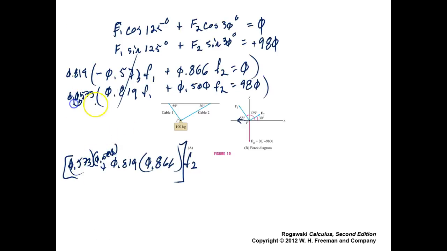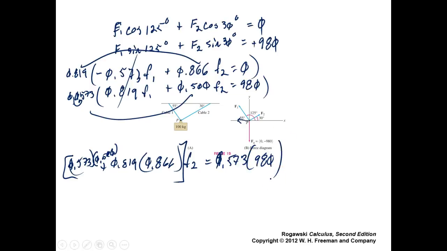That would be these two multiplied together. These are those two, and that's equal to 0.573 times 980. Okay. So then we would divide by this sum. It's all doable. I'll let you fiddle with it, see what you get.